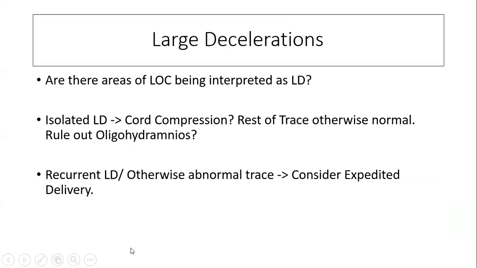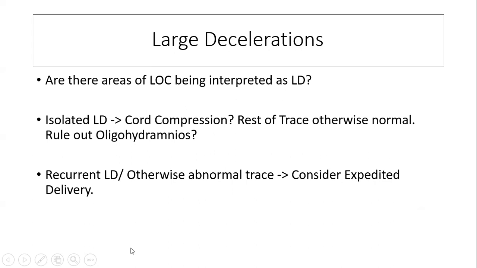Some of the reasons why your criteria is not met, one of them is large decelerations. Now, large decelerations are calculated from loss of signal. So, for instance, if your criteria is not met and you see 2 large decelerations as the reason, and you look at your trace and you have 2 areas of loss of contact, you instinctively should understand that criteria has not been met because of those areas of loss of contact.